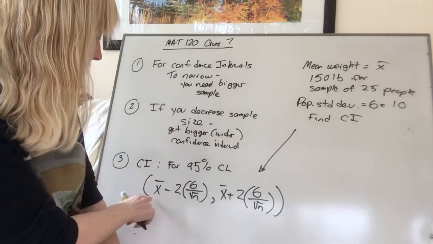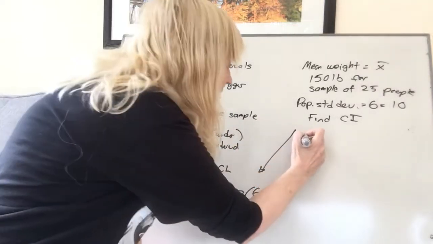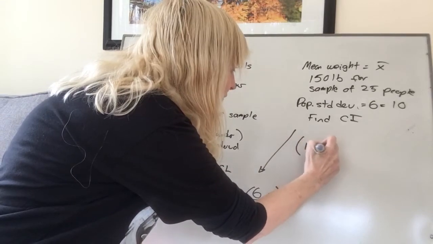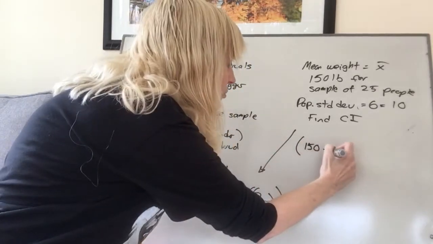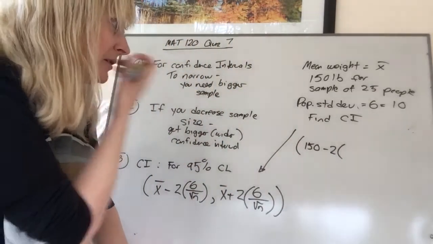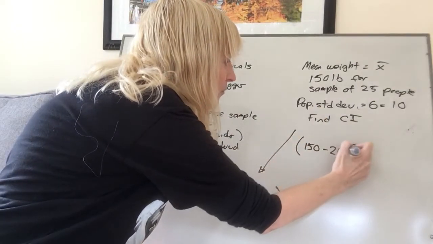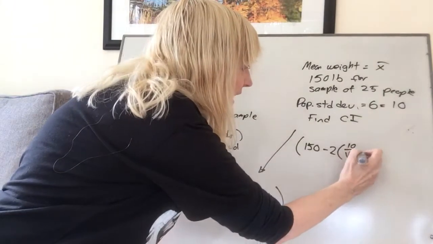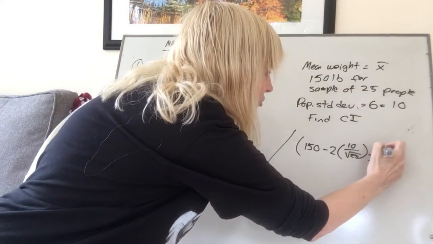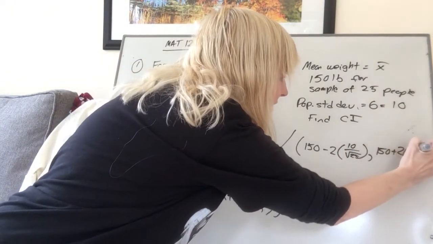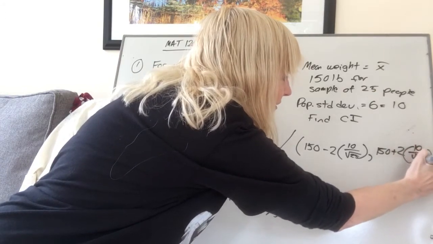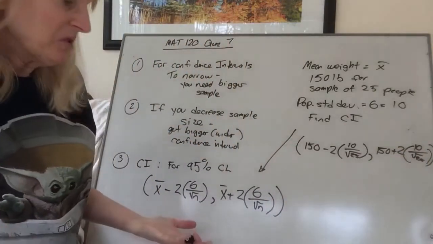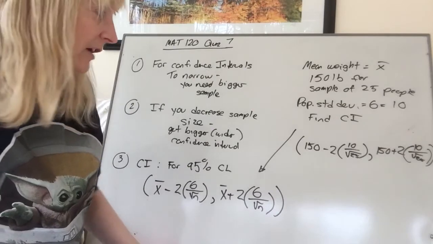So let's see. What is our sample mean? That's our X bar, that's 150 minus 2. What's our sigma? That's 10 over the square root of n. What's our n? That's our sample size, that's 25. And for the high end, you just do plus 2 times 10 over the square root of 25. Now it's just a matter of using your calculator.